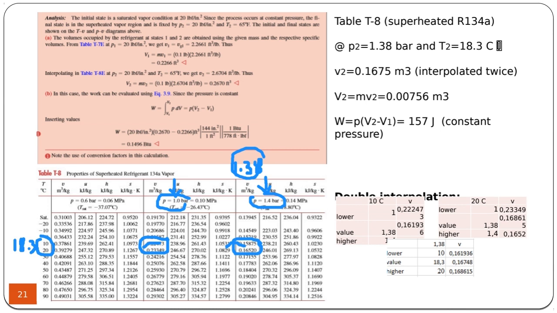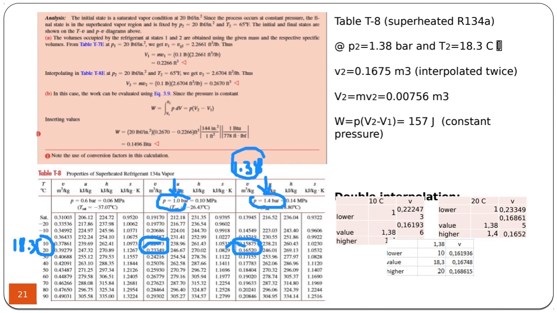Here we kept the pressures constant. First we took the pressure of 1 bar, then we took the pressure of 1.4 bar, then we used interpolation to find the situation for an intermediate pressure. Or you can do it like this as well. You can keep the temperature constant, and interpolate between 1 bar and 1.4 bar. Then you take the temperature of 20 and you interpolate the values between 1 bar and 1.4 bar again.